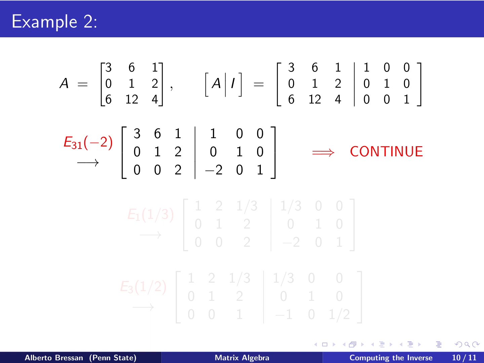Okay, let's take another example, hopefully more favorable. So here's the A matrix, and we write out the augmented form like that, and then we perform the following operation.